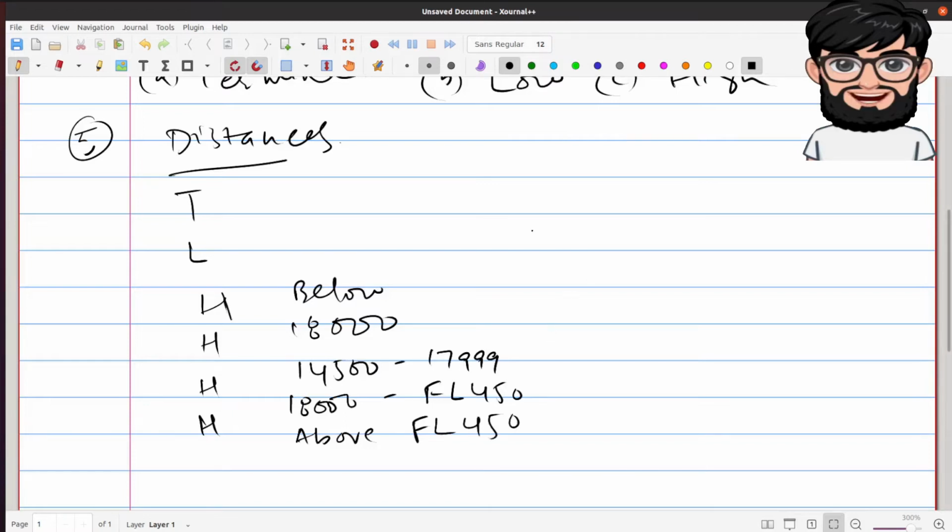But here are the distances. You do not have to memorize them, just need to know that the terminal VORs can cover up to 25 miles.